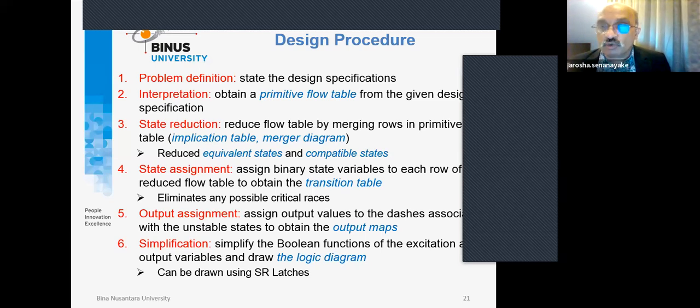Dashes, as you know very well, imply no proper value, so 0 or 1, normally also don't care. Then we can simply draw the logic diagram based upon the transition table we obtain, and so we can go for the design.